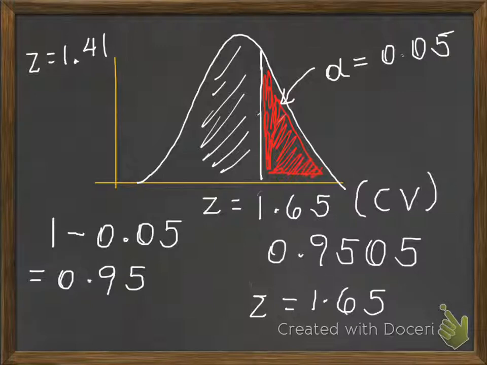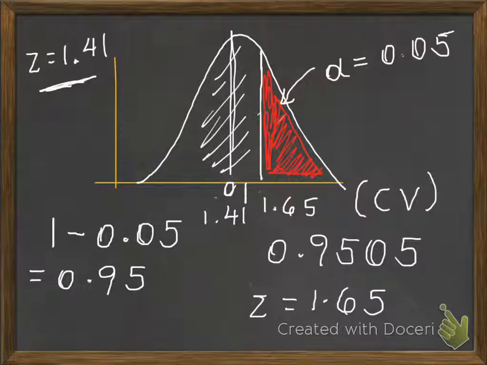Now, if we were asked to finish the hypothesis test, actually conduct the critical value method of hypothesis testing, we would see if the test statistic fell in that critical region. You can see that if this is 0 on a standard normal curve, 1.41 is not quite as far over to the right as 1.65, so it does not fall in the critical region.